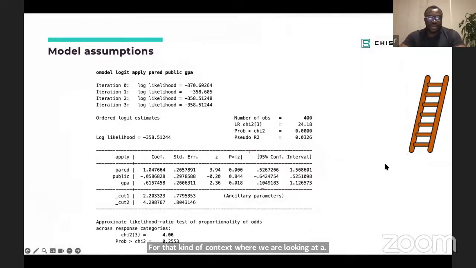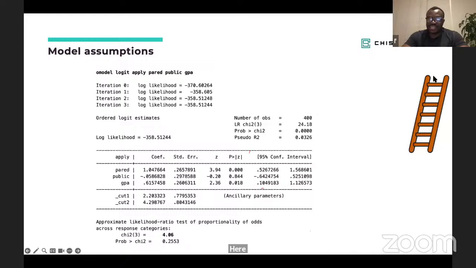All right, so this is what an output of an ordinal logistic regression looks like. Unlike the previous model we looked at last week, multinomial regression, here you only have one outcome, right?